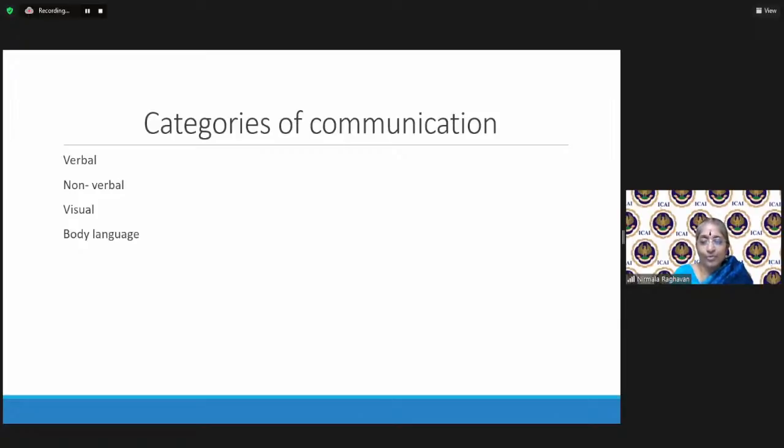What is a formal communication? That's business English, English in workplaces, or English for jobs. That is formal communication, where communication happens with office colleagues and office people, people in positions. What is informal language? Informal language is the English you use with your friends and relatives and familiar people, people whom you already know.